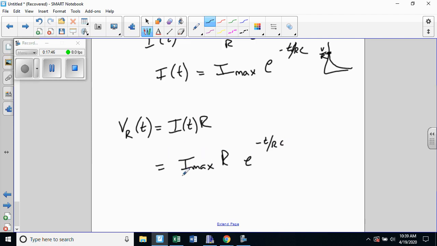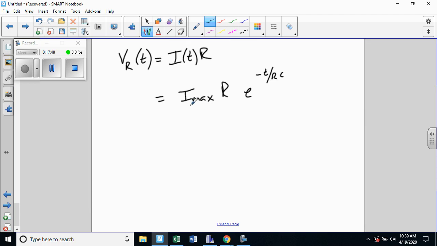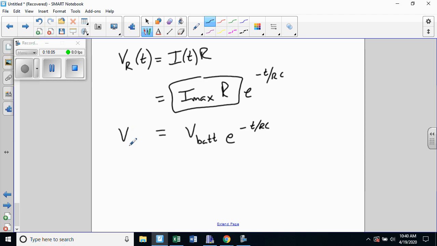But wait, what is I max times R? When the maximum charge is going through the resistor, that only happens when the voltage on the resistor is equal to the voltage of the battery, and there was no voltage on the capacitor at t equals 0. So V times e to the minus t over RC. So the voltage on the resistor as a function of time is this. It's also an exponential decay.